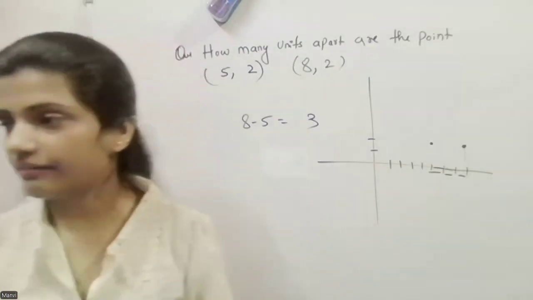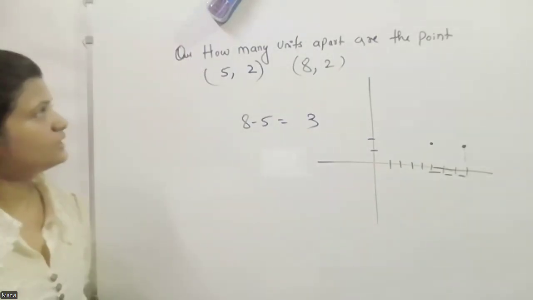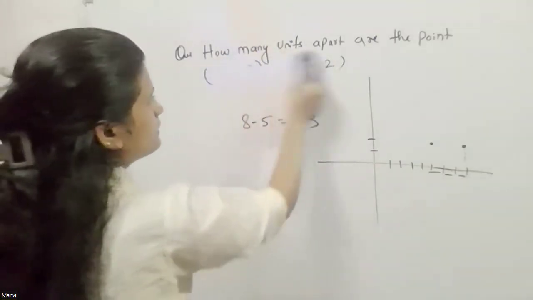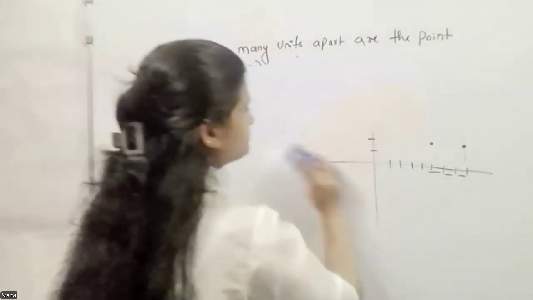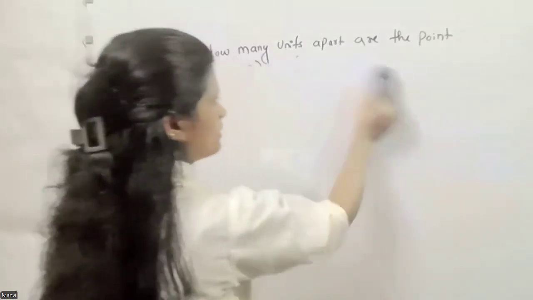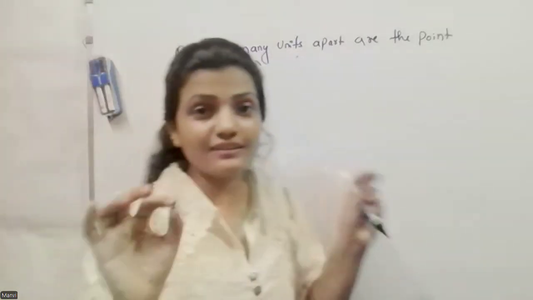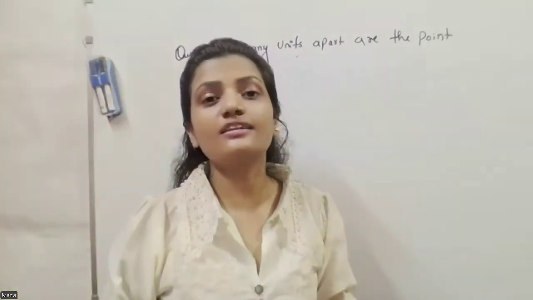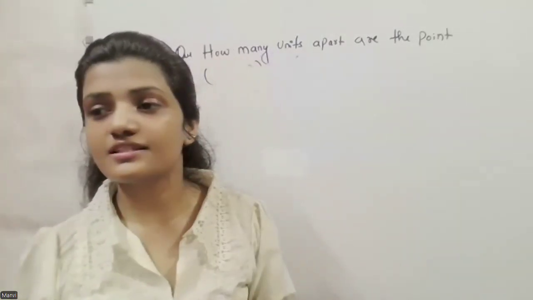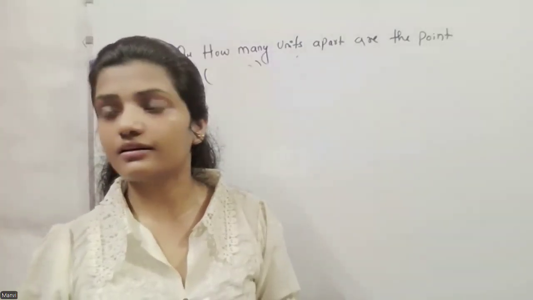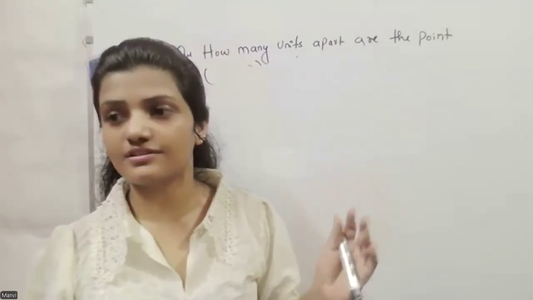Now, another question for you. How many units apart are the points? Either you can draw those coordinate grid and then visualize that, or otherwise you can just see the question and try to answer, like, see the difference.